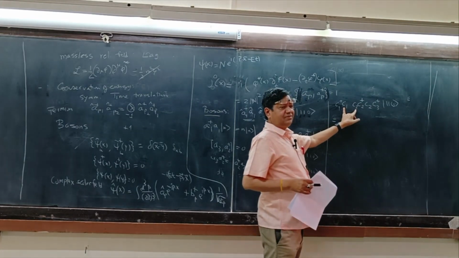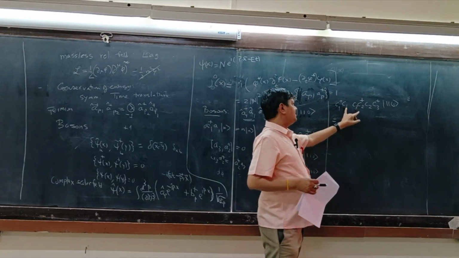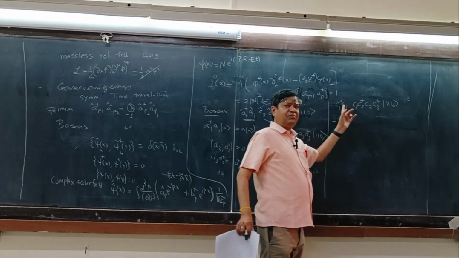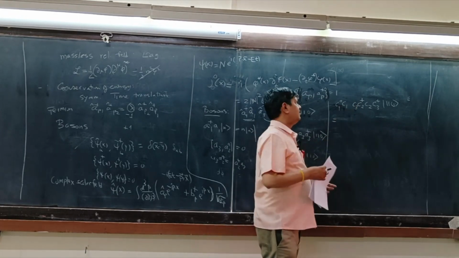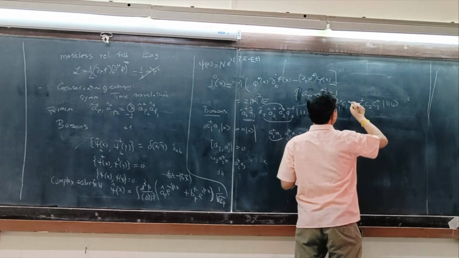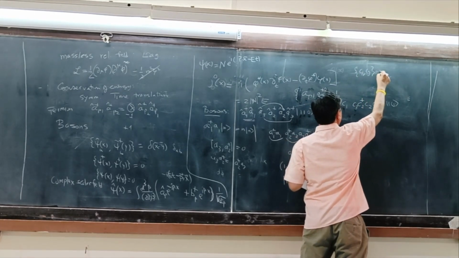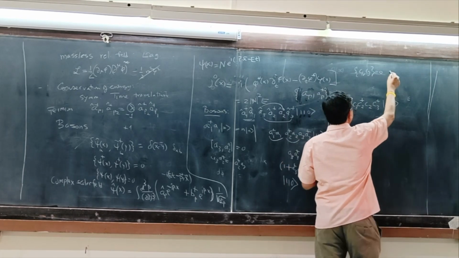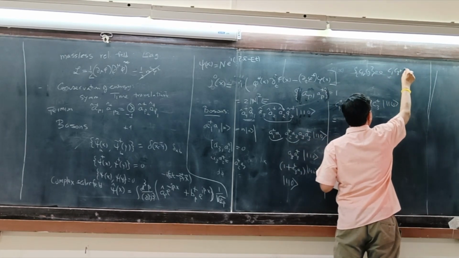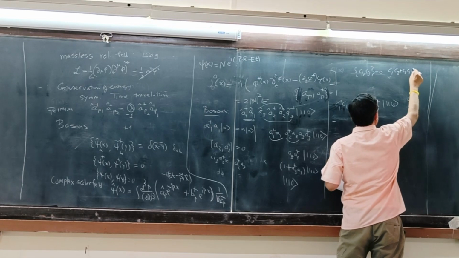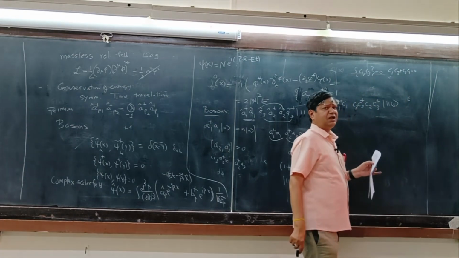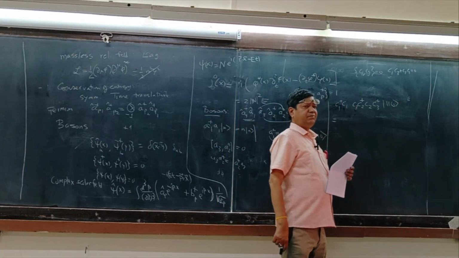Or C1 and C3 anti-commute. So if I change the order, then I get a minus sign. Why? Just focus on, let's say this one, C1, C3. This is equal to 0. That means C1, C3 plus C3, C1 is 0. So if I change the order, then I need to get a minus sign.